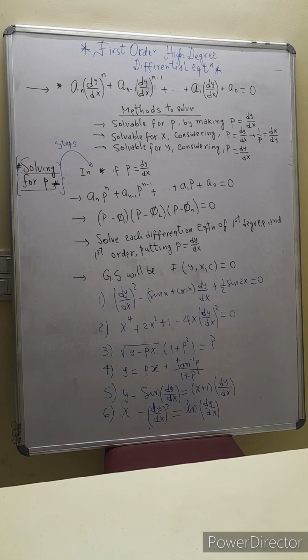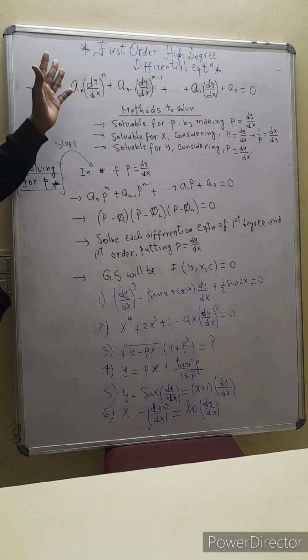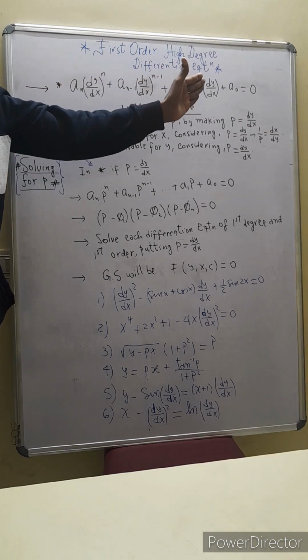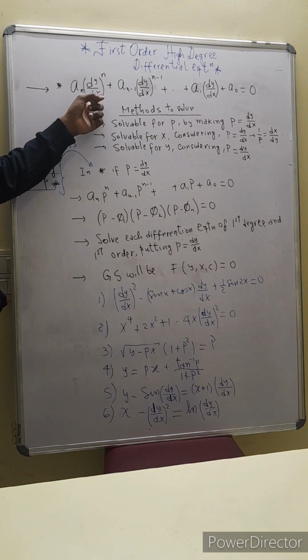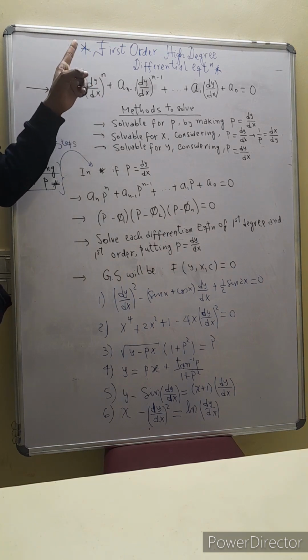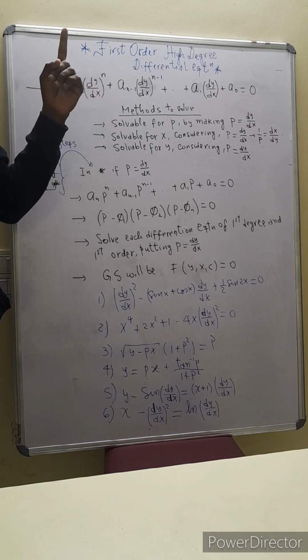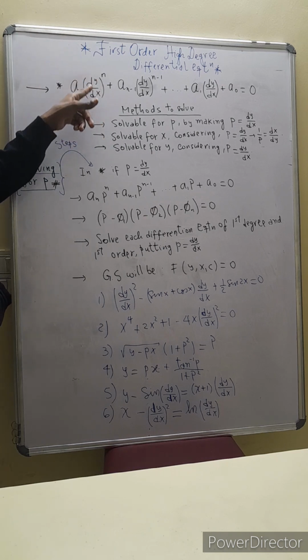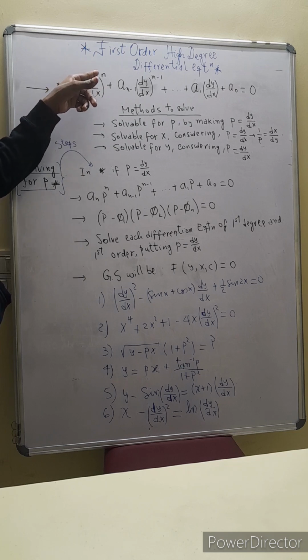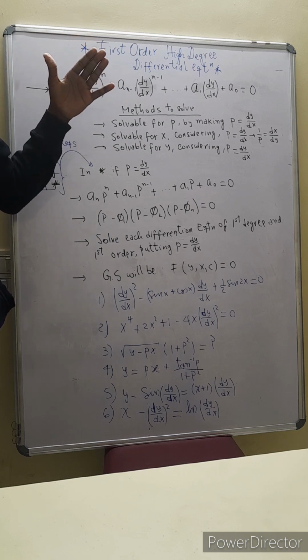Mainly speaking about first order and high degree differential equations, it is an equation that has a first order, which means that the highest derivative term in this equation is of order 1. We just have terms differentiated only one time, but this term is repeated with a higher power.